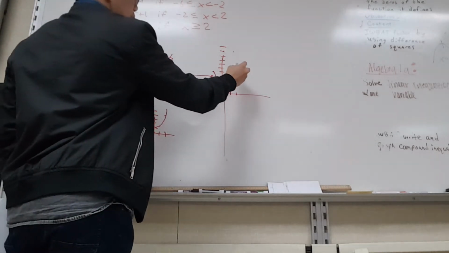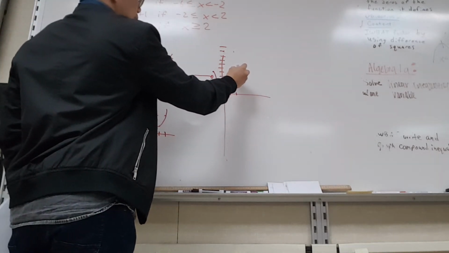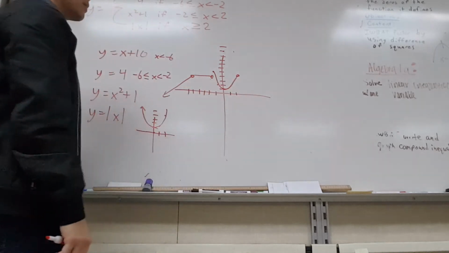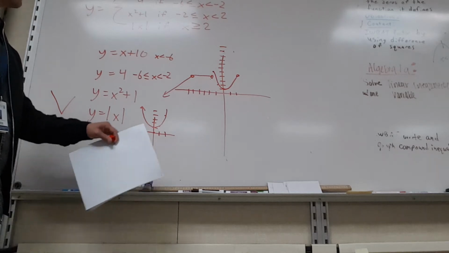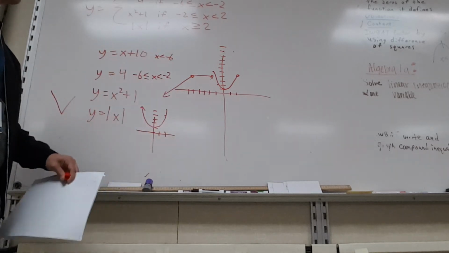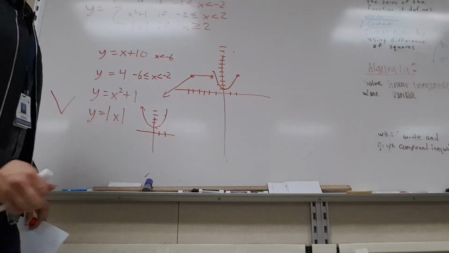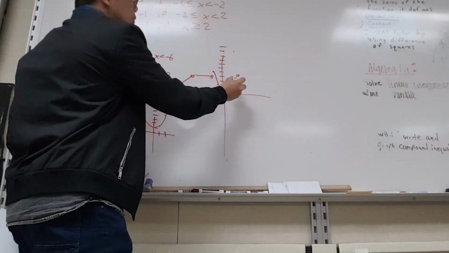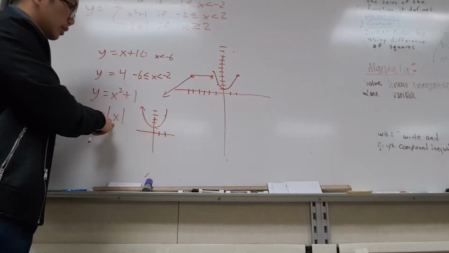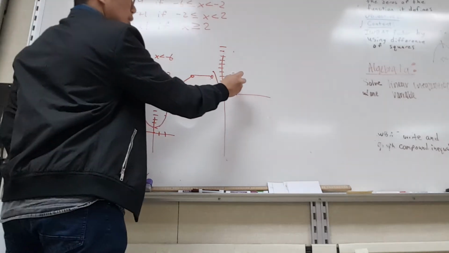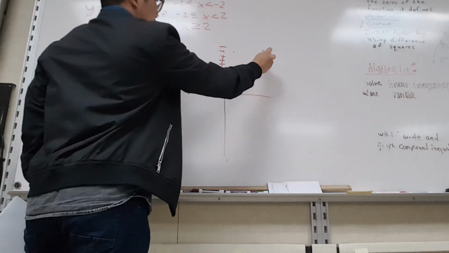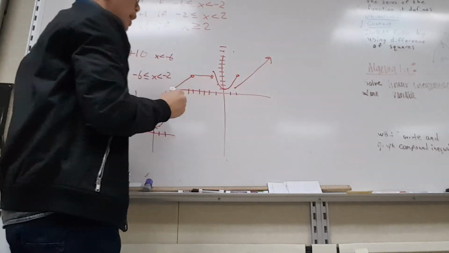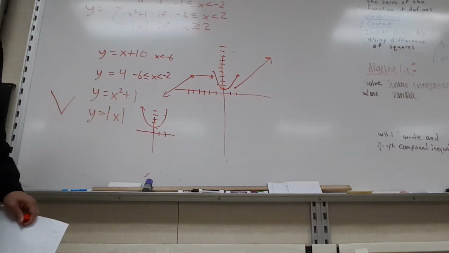Closed dot here, and here you'll have an open dot at 2, 5. And then after that, at 2, you'll be at the absolute value of x, which means at 2 you're going to be at 2, because if I plug 2 in here, y is equal to 2, and it's going to be a closed dot, and that is your piecewise function.